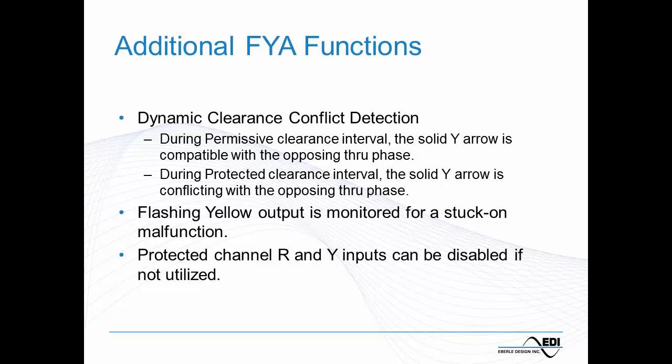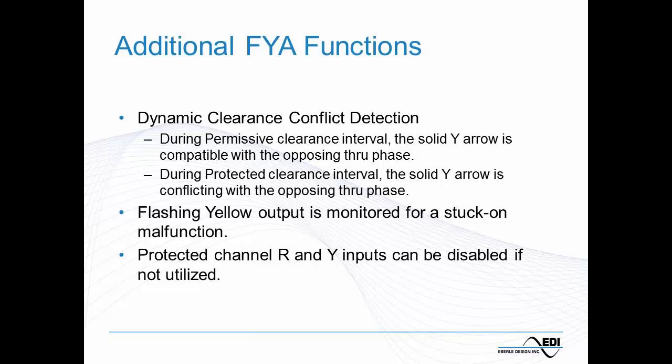So for example, if we're clearing the protected green arrow, when we go to the solid yellow arrow, it needs to be programmed conflicting with the opposing through phase. Yet when we're clearing the permissive flashing yellow arrow, that same solid yellow arrow is permissive with the opposing through phase.